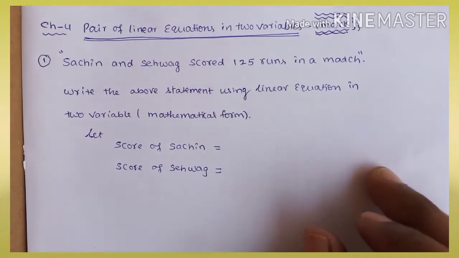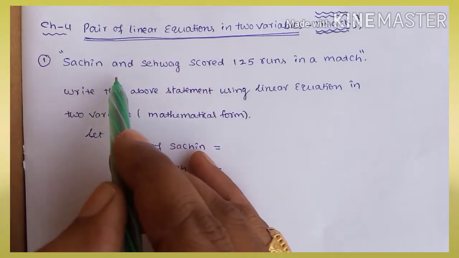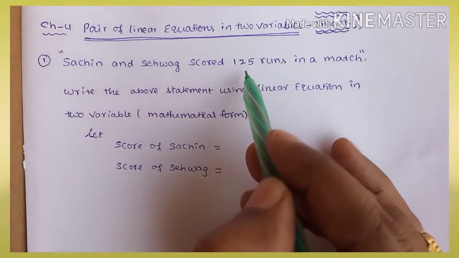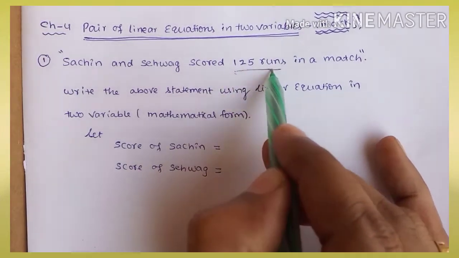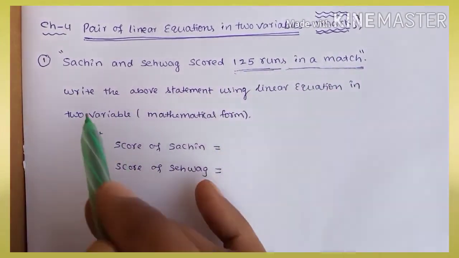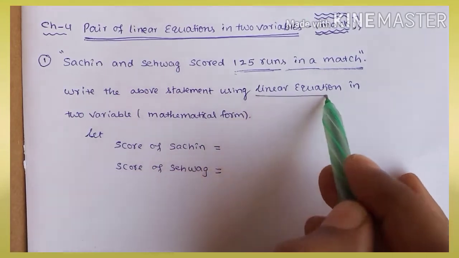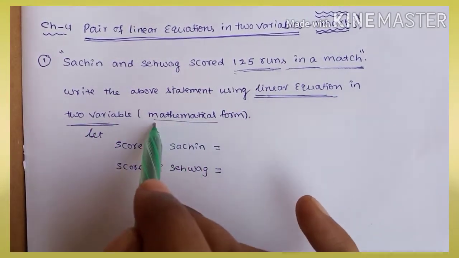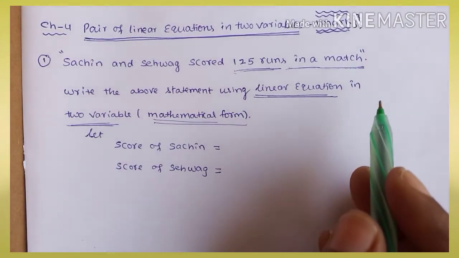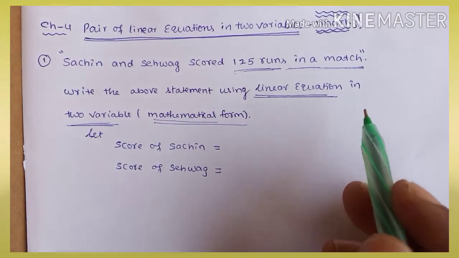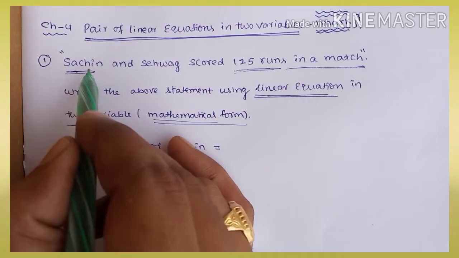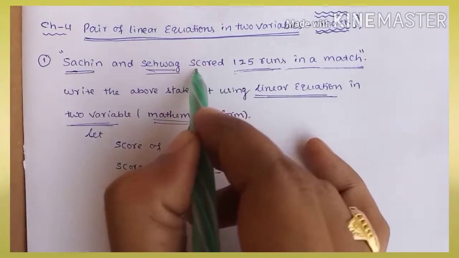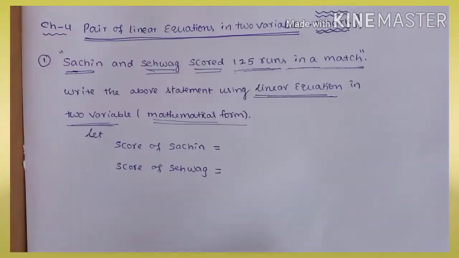Well, the problem is here. Sachin and Sehwag scored 125 runs in a match. Write the above statement using linear equation in two variables, or express the given statement in mathematical form. Here two persons are given, Sachin and Sehwag.